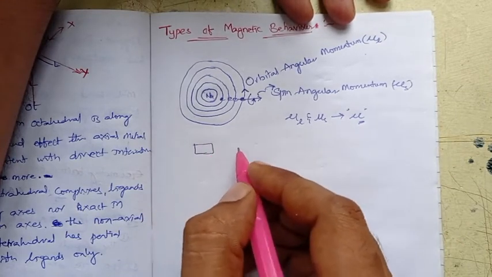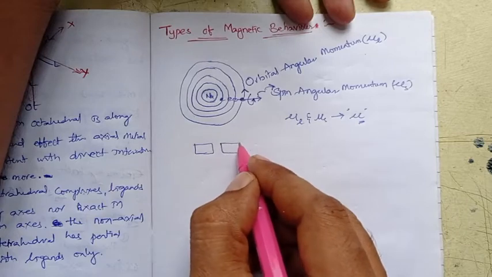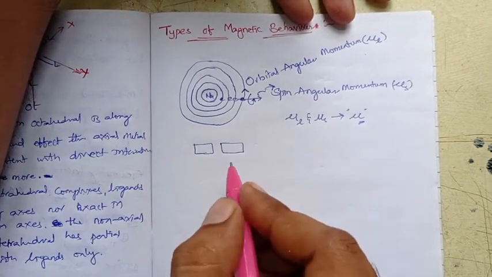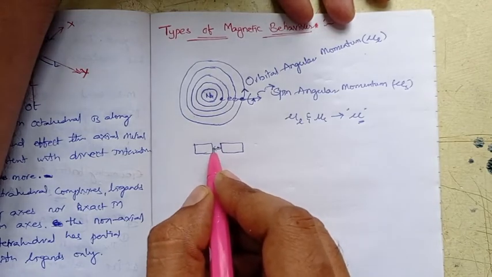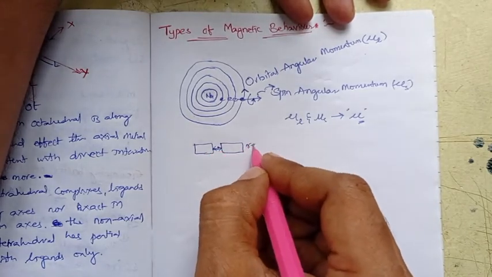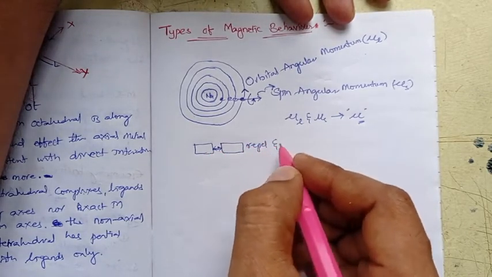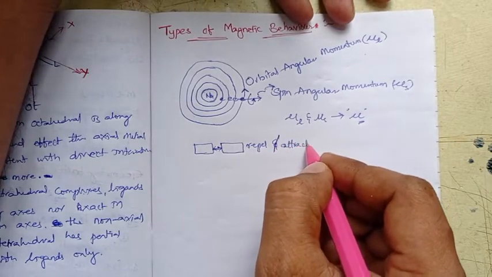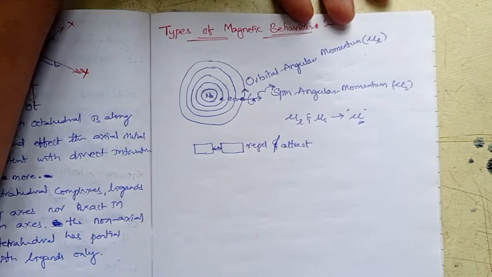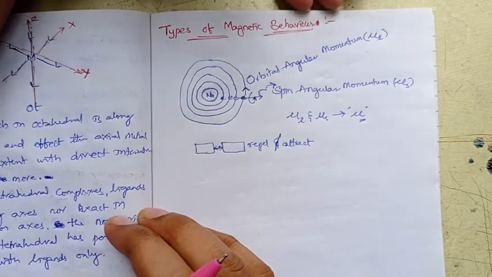If we take this magnet and place it around another magnet, what happens? They certainly will have interactions: either they repel or they attract.